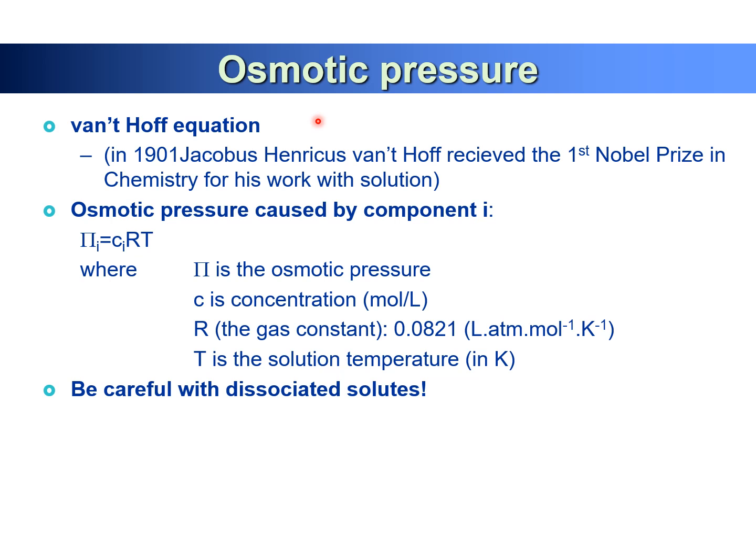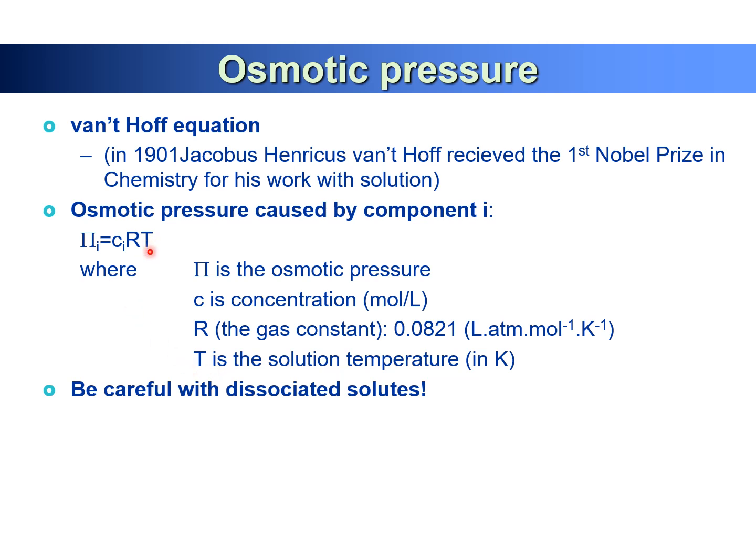Osmotic pressure is equal to concentration times the ideal gas constant times the temperature of your solution. So when you have a high concentration, you have a very high osmotic pressure, and the ideal gas constant is fixed, and temperature is that of the solution.